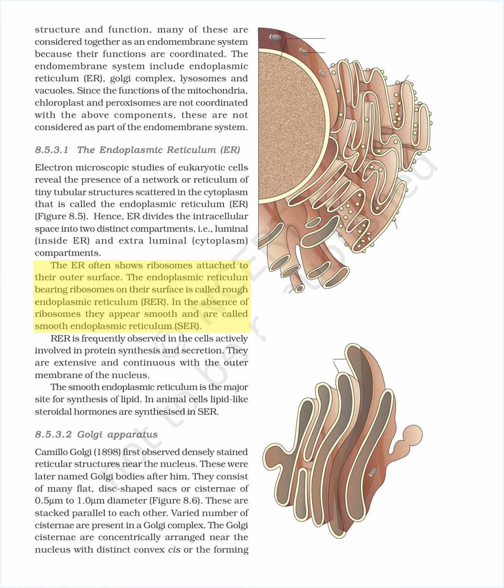The ER often shows ribosomes attached to their outer surface. The endoplasmic reticulum bearing ribosomes on their surface is called rough endoplasmic reticulum, RER. In the absence of ribosomes they appear smooth and are called smooth endoplasmic reticulum, SER.